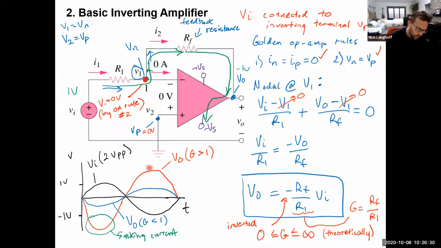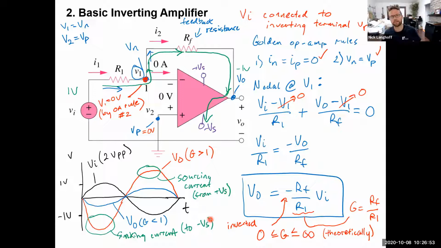All right. When V out is positive, that's sourcing current. This is going to come from +Vs, and this is going to -Vs, the supply voltage.